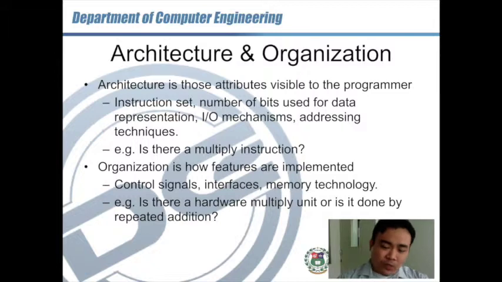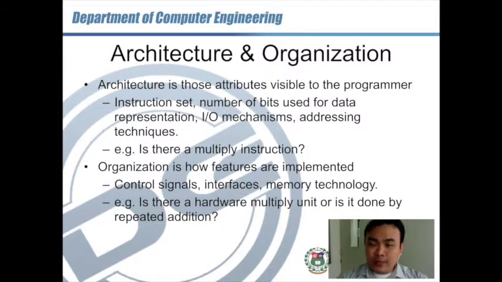In this case, let's say, for example, multiplication. Some architectures have a multiply instruction, but some do not. From the architecture point of view, the question is: is there a multiply instruction in the instruction set?